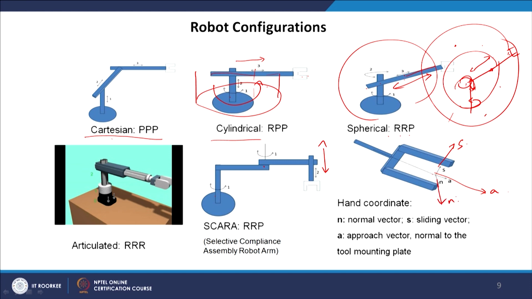So, these three are usually fixed at the end effector irrespective of what coordinate frames are fixed at various joints. For every robot manipulator, at the end effector we have to fix a coordinate frame exactly in this manner: the approach vector, sliding vector and the normal vector, in this order.